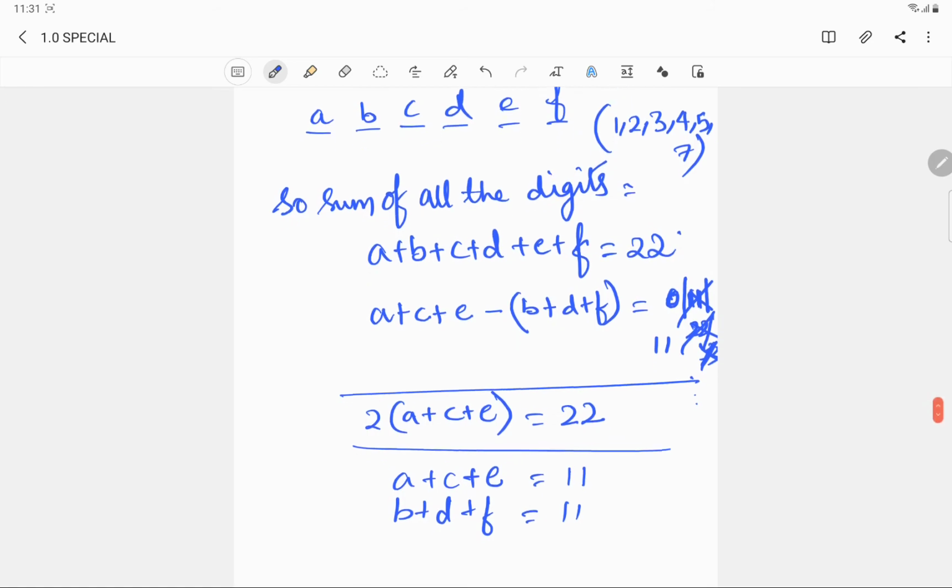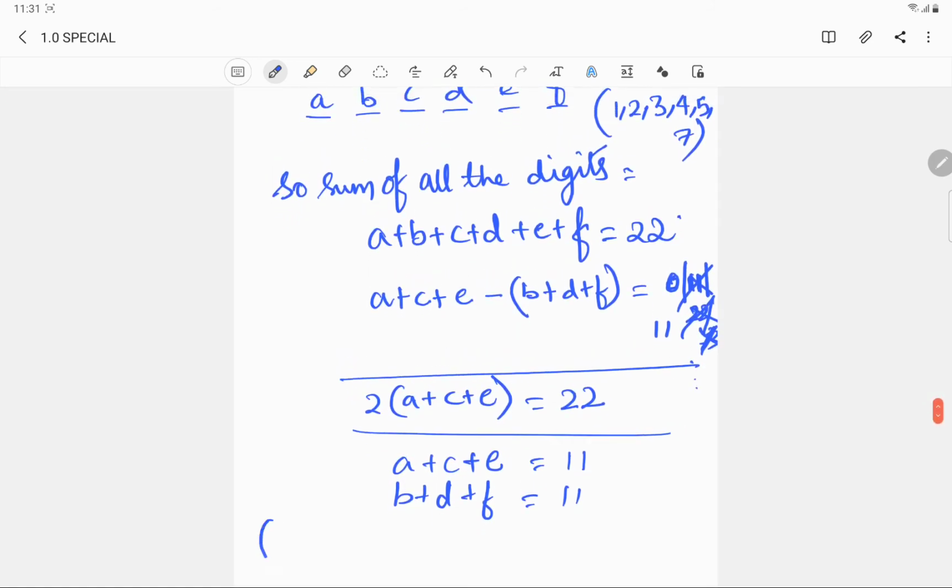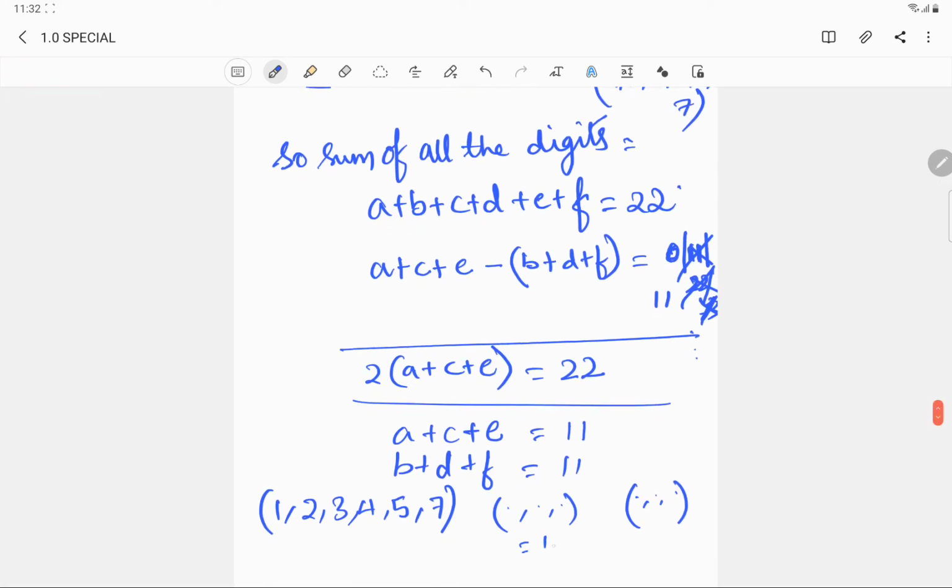So out of the digits 1, 2, 3, 4, 5, 7, we need to form two sets of numbers. Each one will have three numbers, and the sum of those should be 11.